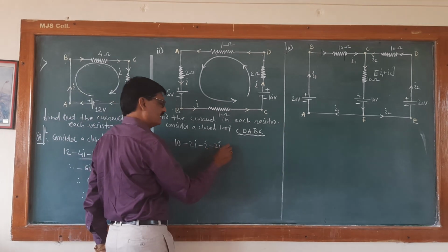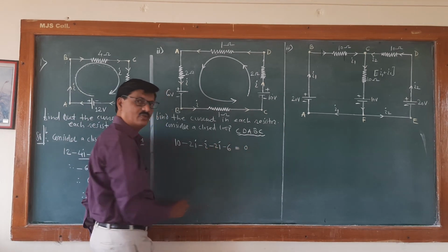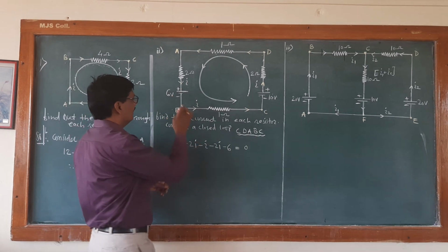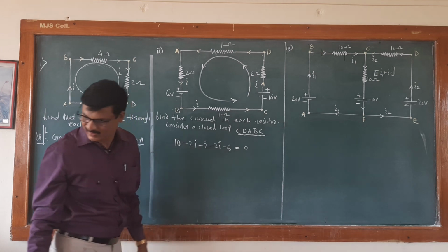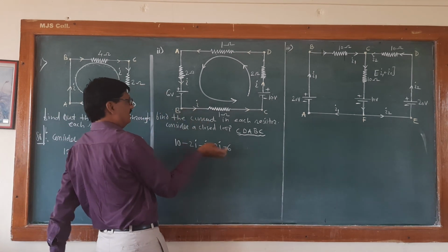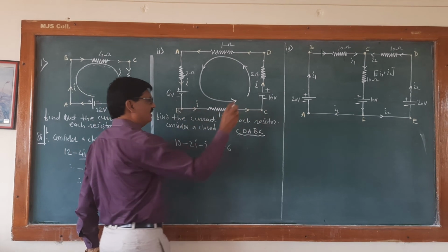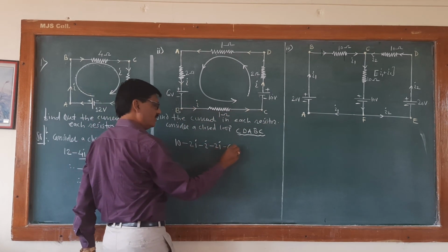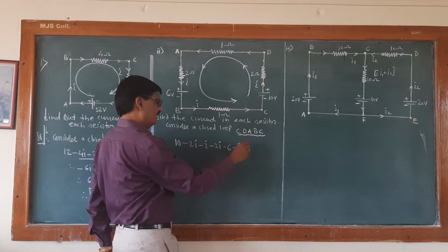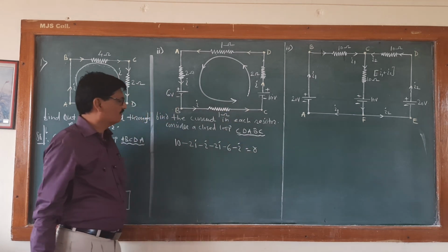Then if you travel from point B to point C, this is a direction of conventional current, it becomes minus I, and then this is equal to 0.